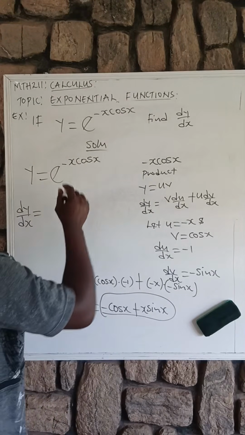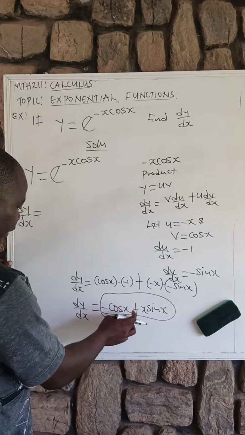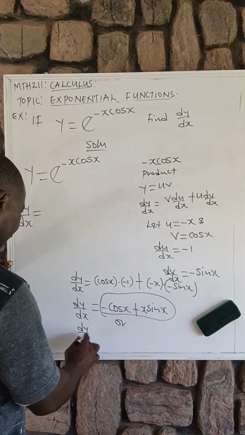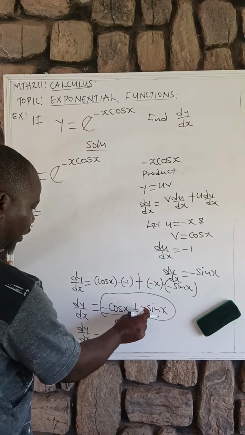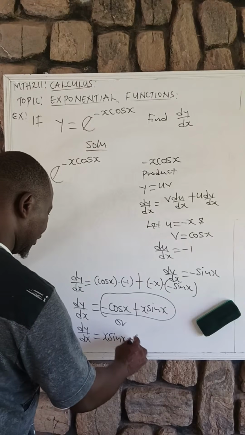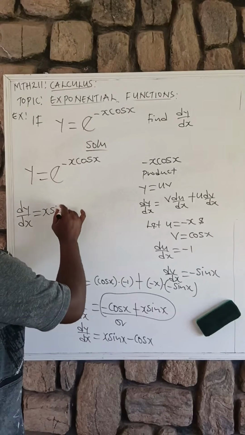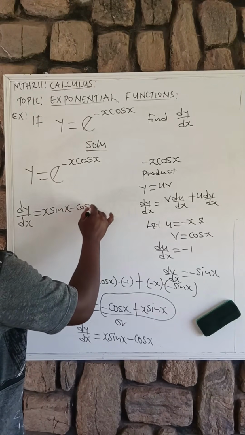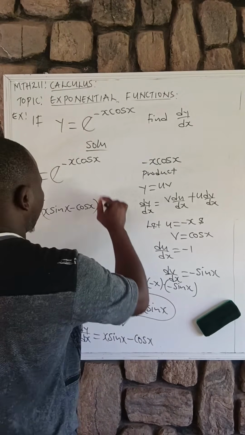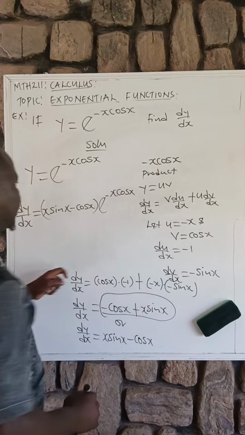So dy over dx is equal to x sine x minus cos x times e to the power of minus x cos x.